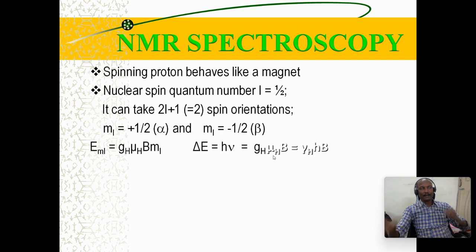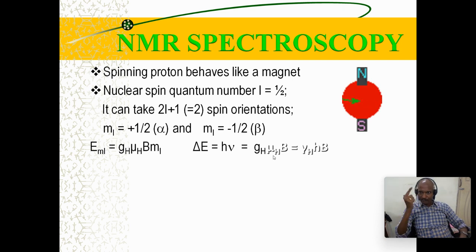Here it can be considered as two orientations. That means m_I can be plus half, which is called alpha, and minus half, which is called beta. And the energy difference can be explained with delta E equal to h nu. And here it is not so simple.